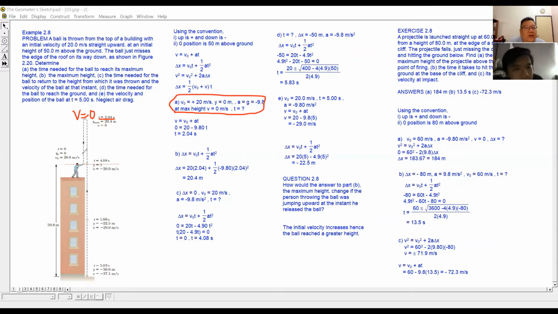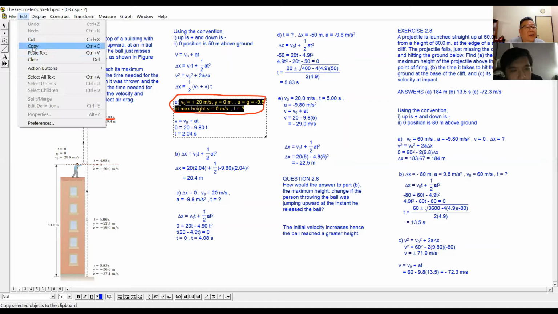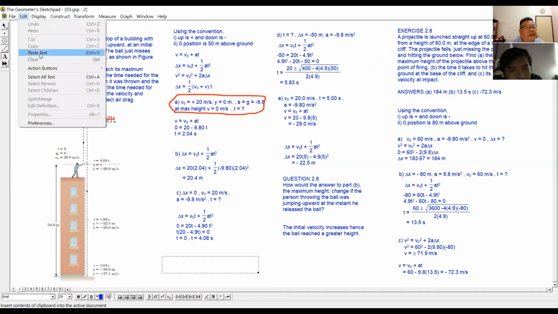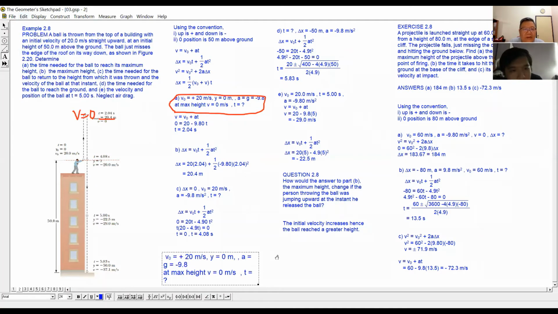Let me see first. You just wait. Okay, so it will all be the same here. So I paste it here. The words are too big already, so I make it smaller.